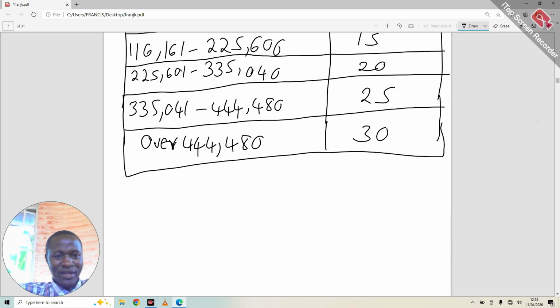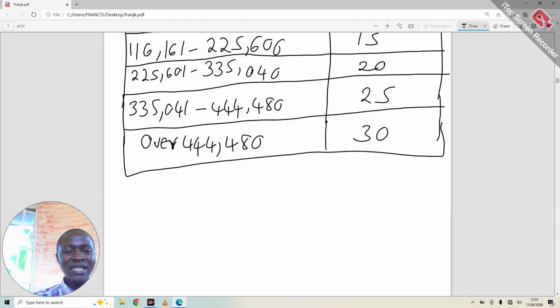So let's see how we can do the question. So first of all, analyze the question, interpret the question. And how do you interpret the question? By having the important terms the question requires us to get. So what are those terms? Gitau's basic salary.